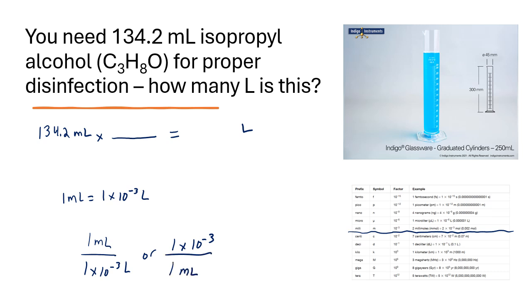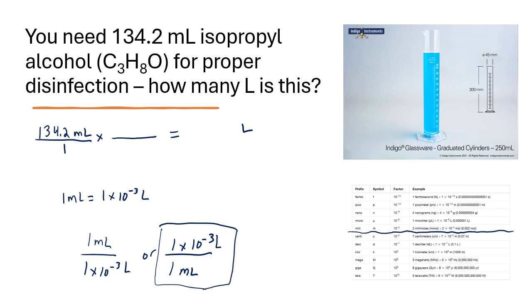I need to decide which of these conversion factors I will multiply by in order to arrive at the correct answer in my problem above. Since 134.2 milliliters is technically on the top, it is over 1, anything divided by 1 is itself, then I will probably want to use the relationship that has milliliters on the bottom and liters on the top.